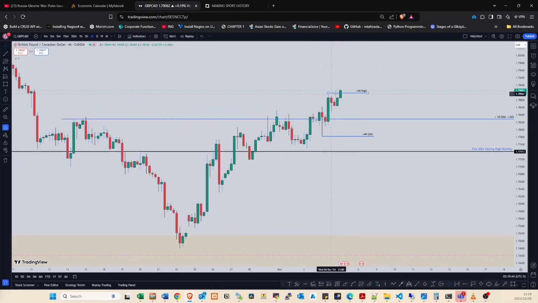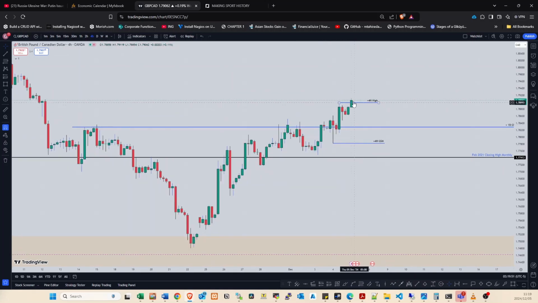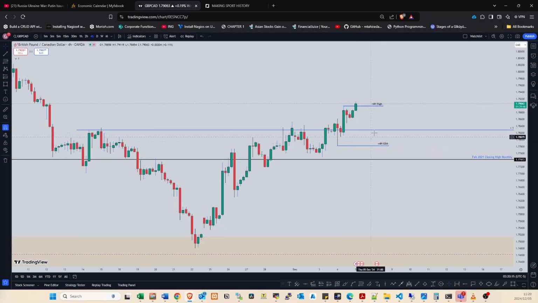This one here becomes the one that gave way, similar to this one, and then the one around this low will be the one that started this move. So we need to maintain above this low if this candle closes here. However, if it does not close there, then we still have this range that we can play around, as long as you maintain above this level, as we look for possible continuations higher.